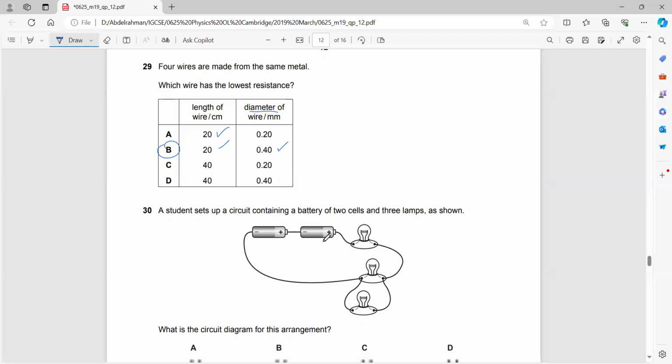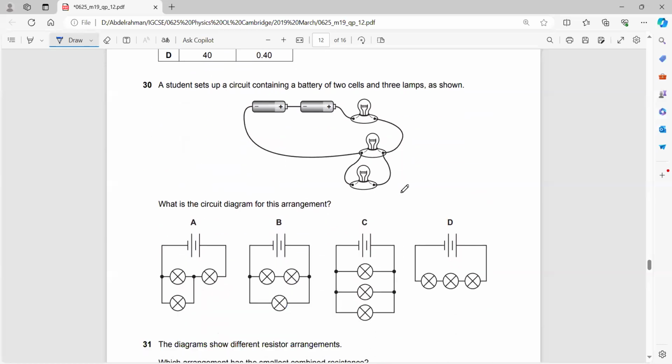Yes, excellent. I like this question, question 30. Can you find the circuit diagram for this arrangement? A lot of interesting answers. Some of them might be right, some of them might be wrong.